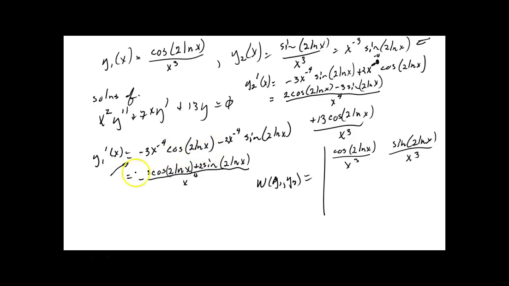I think I'll go back and put the minuses in. Minus 3 cosine 2 log x, minus 2 sine 2 log x, sorry, it's getting awfully cramped here, over x to the 4th, and this is, there it is, 2 cosine 2 log x, minus 3 sine 2 log x.